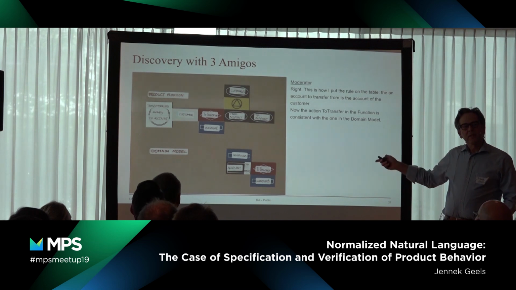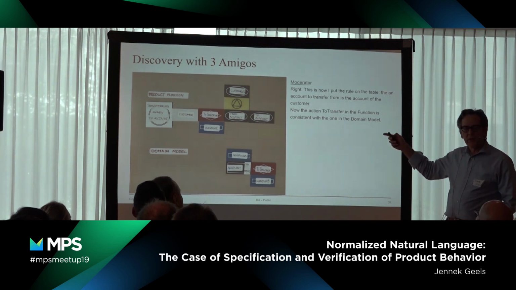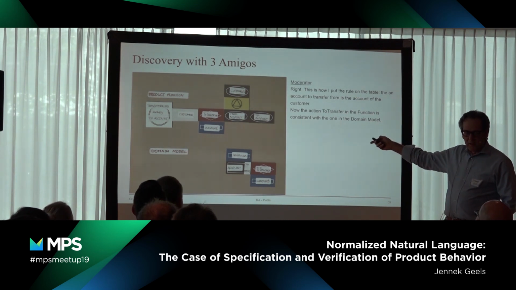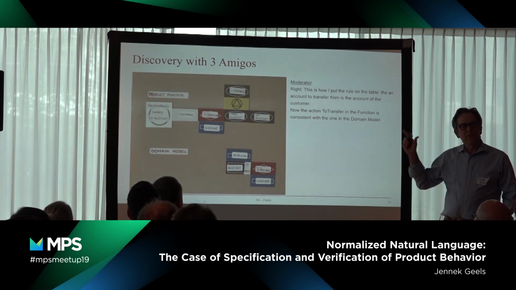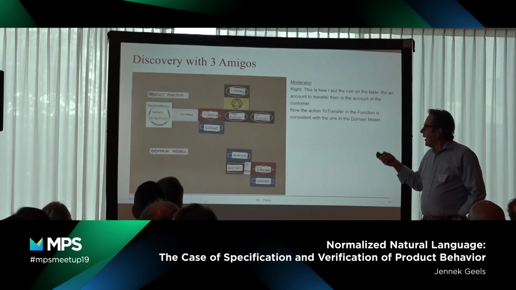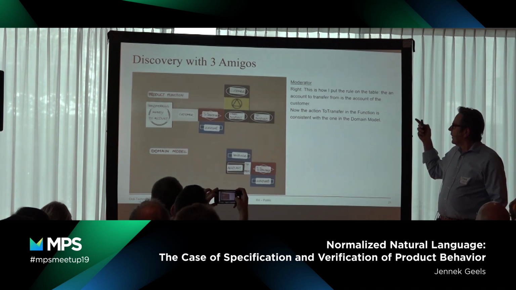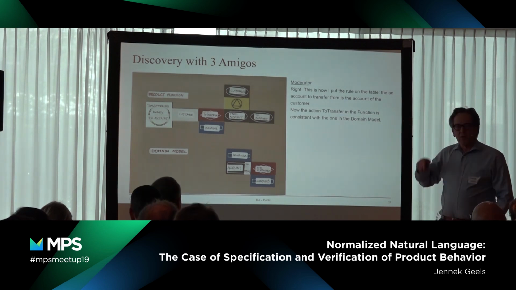Let's make that consistent. And let's put in the second account also in the scenario. So we're using the structure of the language to fix something in the utterance there. And I've also put in the fact that the domain expert said it's the account from the customer.